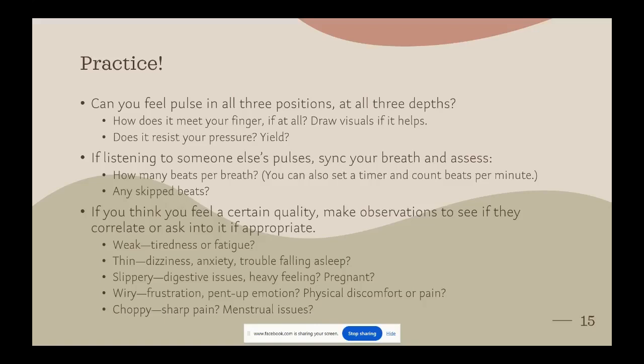Also, you can ask yourself if you think you feel a certain quality, because it's going to take time to learn these qualities and get confident. There's such nuance to it, and there are often going to be mixtures of qualities that make it really hard to distinguish.